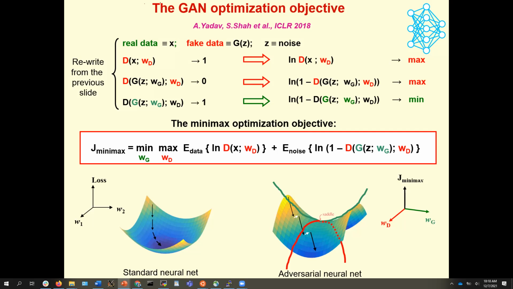In practice, usually we never reach the saddle point, but theoretically we can, and that would correspond to discriminator output 1/2 in both cases.